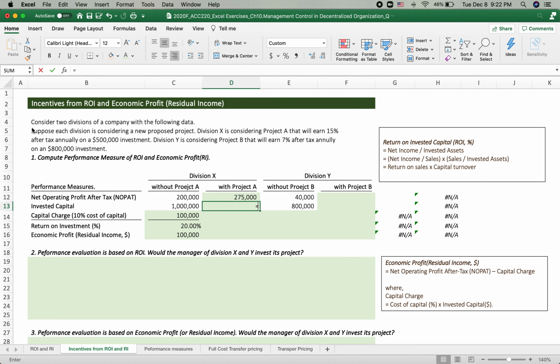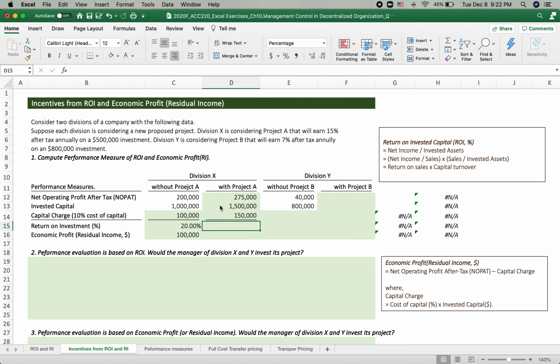How much is the invested capital? $1 million existing invested capital for division X plus the new additional amount of invested capital, 500,000. So the total invested capital with this project A is 1.5 million. Now the capital charge is just 10%, the same.